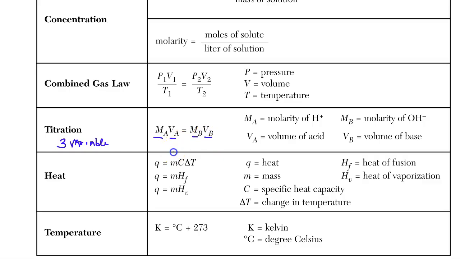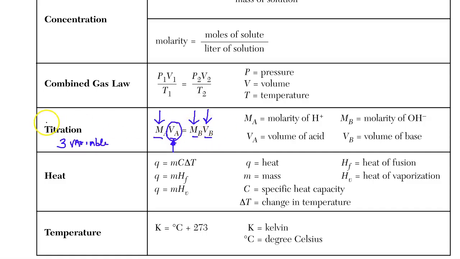You're trying to find the volume of the acid. It doesn't really matter, but if you know your algebra, in order to solve for the fourth variable, we have to know three variables. So that's how that works. In this case, we're solving for this V, the volume of the acid, knowing information about another chemical.